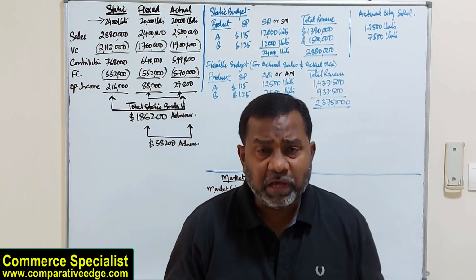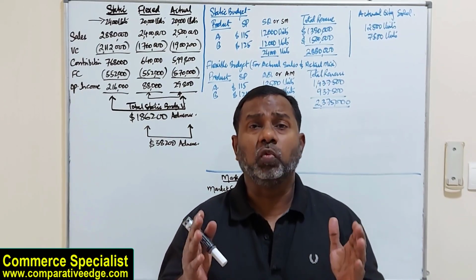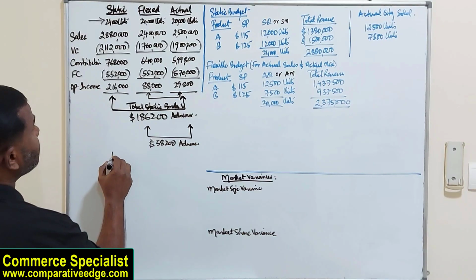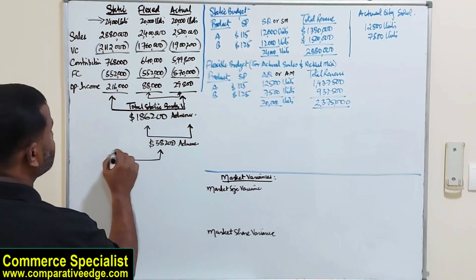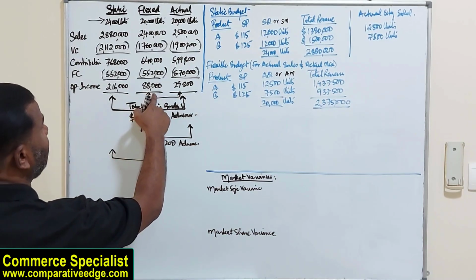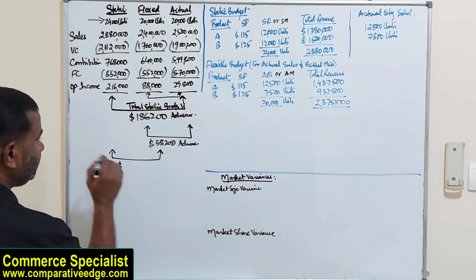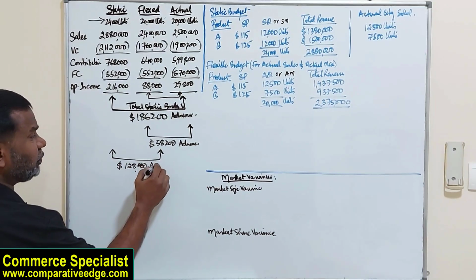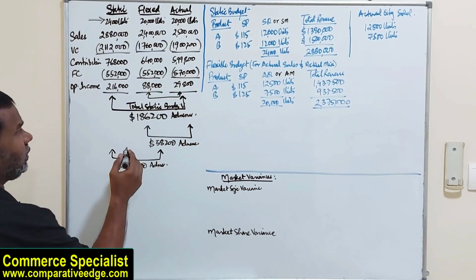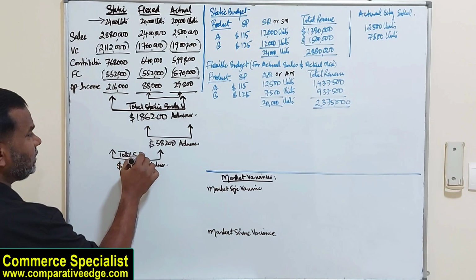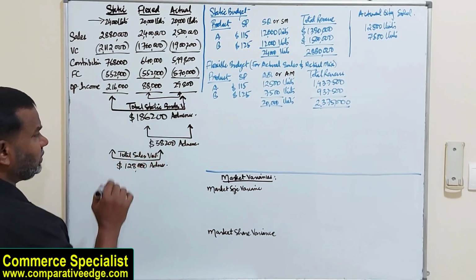The other variance you may be asked to calculate is sales volume variance. For sales volume variance, you compare the static and the flexed amount. Means 216,000 minus 88,000. This will give you 128,000. This again is an adverse variance. Why? Because we are talking about total sales volume variance.